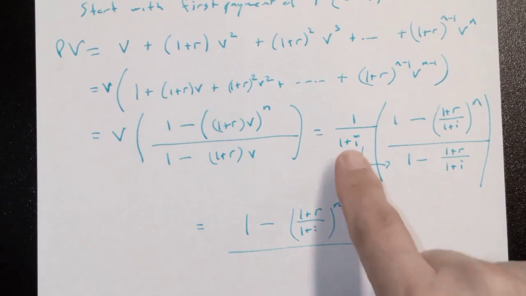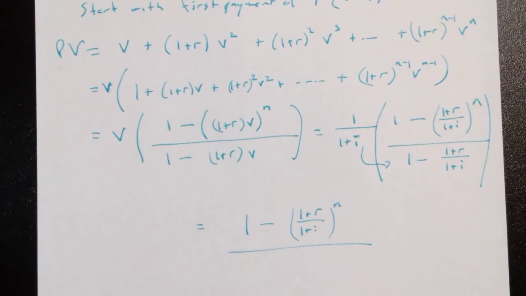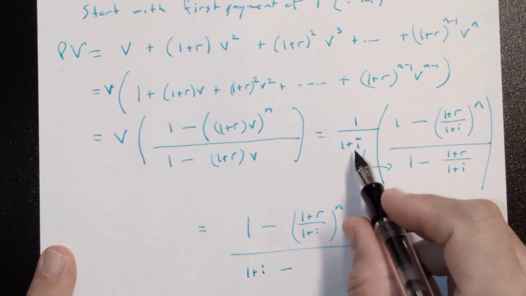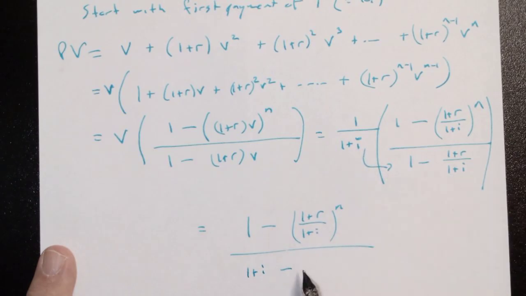If I multiply this 1 plus I through on the bottom, I start with a 1 plus I times 1. And then I multiply the 1 plus I times this, it'll cancel the 1 on the bottom. What happens down there?